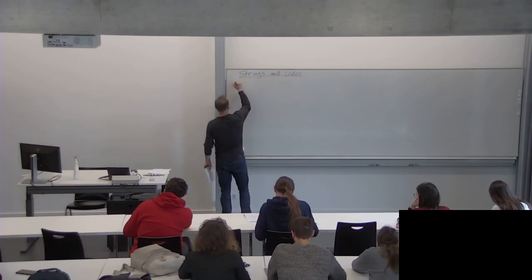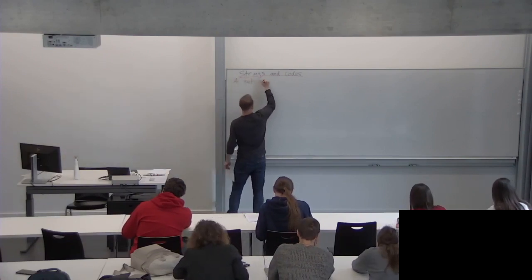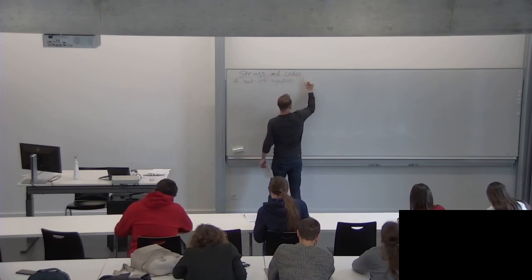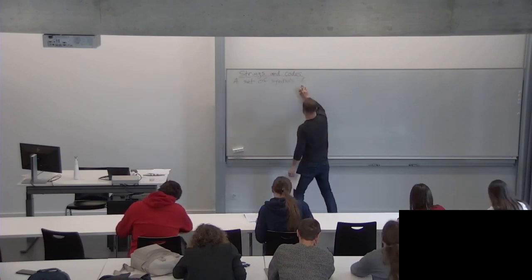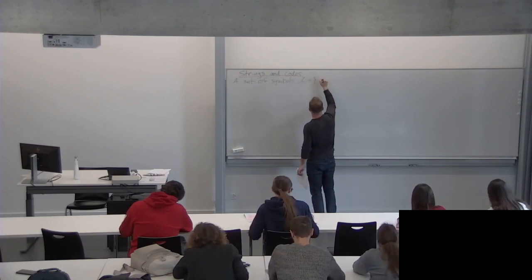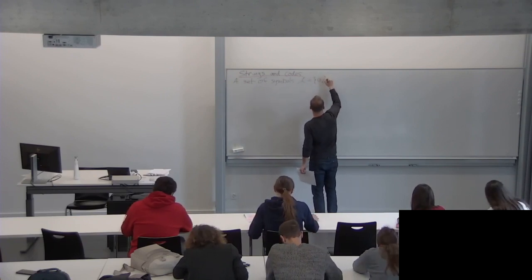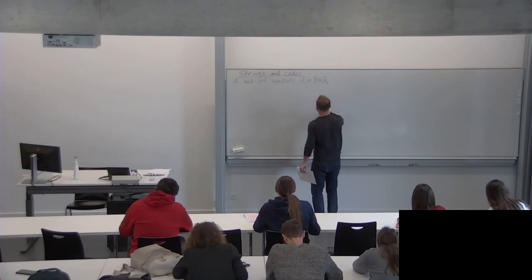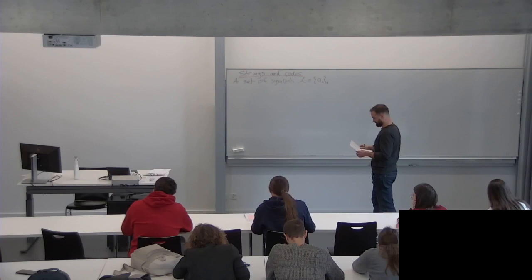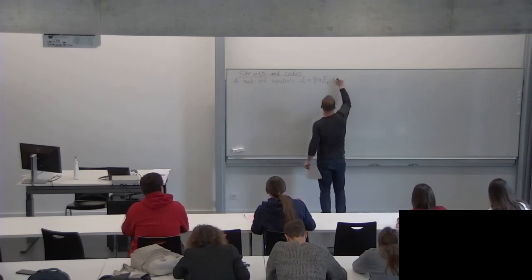A set of symbols, A, written calligraphically, which contains elements like a_i for a certain i, is an alphabet.